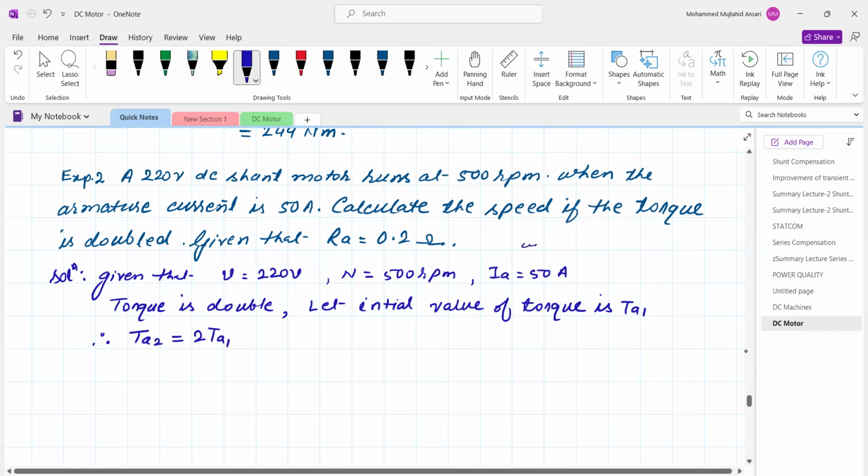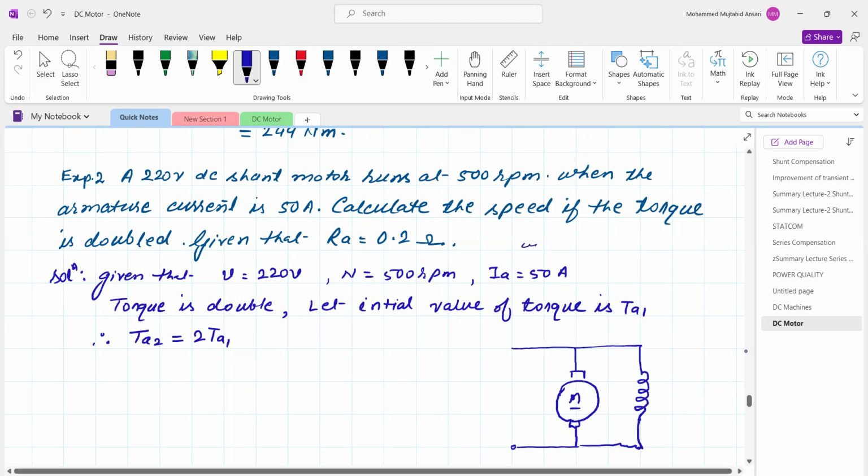Now it is a shunt motor. Just draw a simple diagram for better understanding: a DC motor with shunt winding.